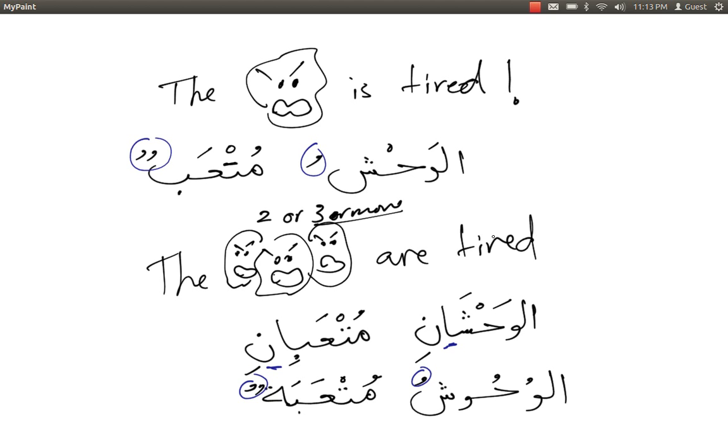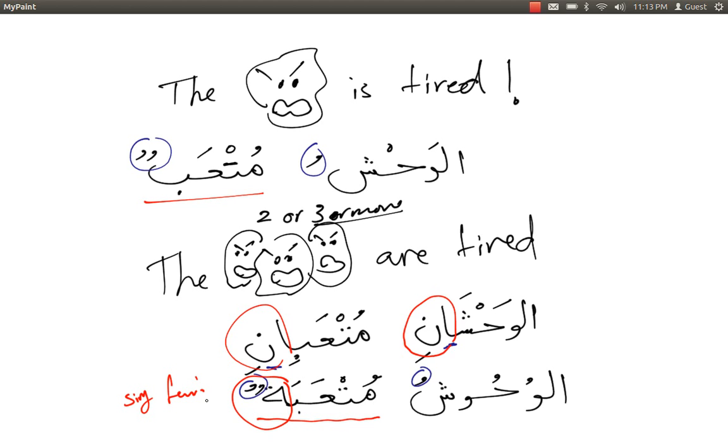So we have to notice something. Maybe some of you might have wondered this, that here it was متعب, here it was متعبان, which is followed وحشان, and here the adjective, or the piece of news, sorry, was متعبة, and it was not متعبون or whatever. The ending switched to be singular feminine form. And actually we see this in Arabic with the plural when we're talking about objects that are not humans.